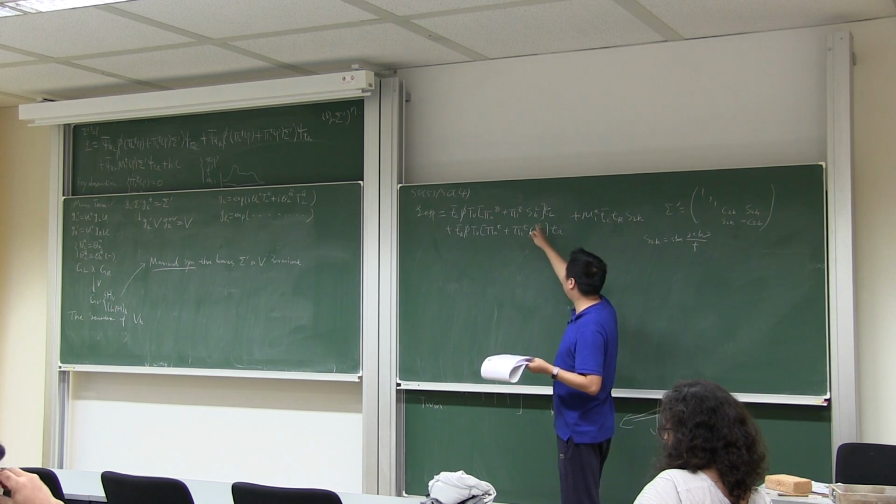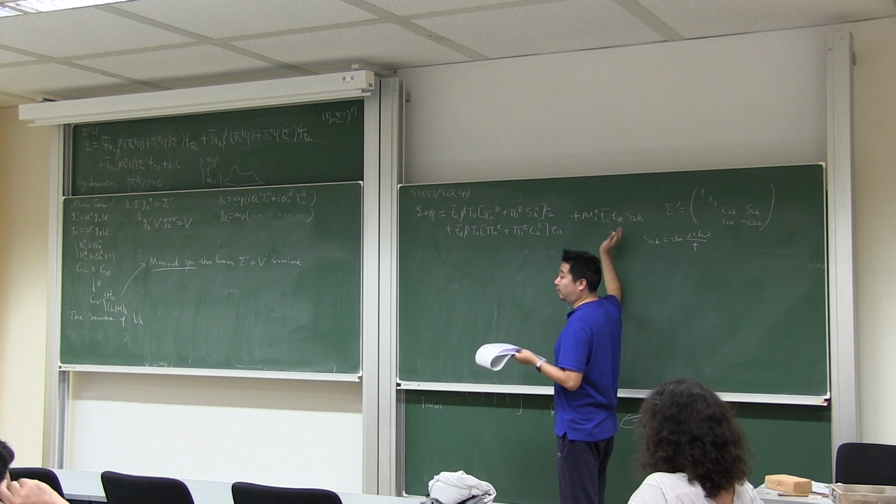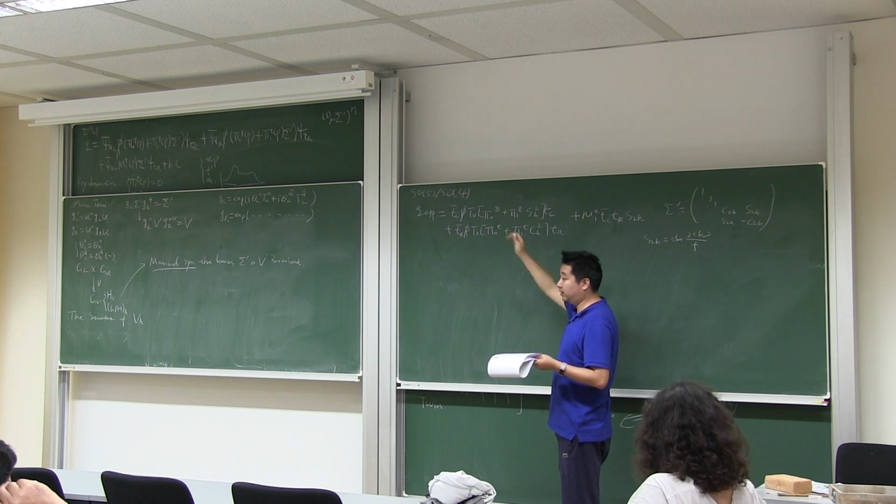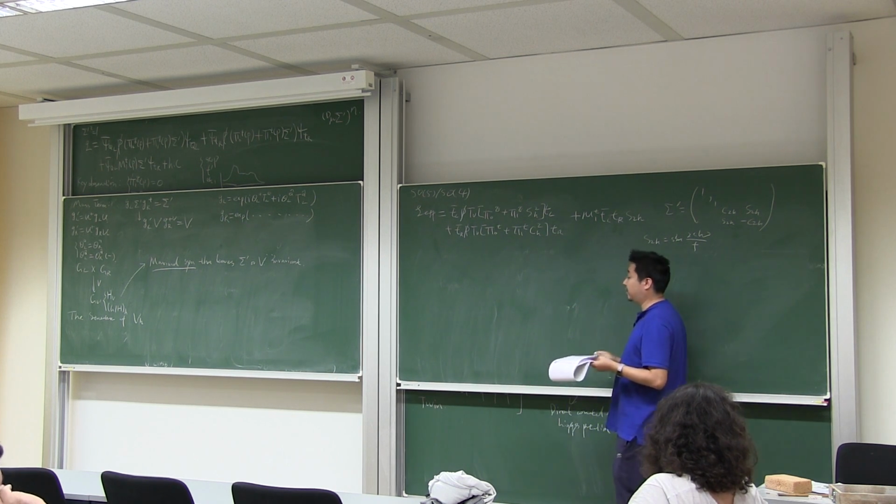The fact that you have something like sine, cosine, or sine 2h or whatever depends on your symmetry group. That's why I give a complete example.